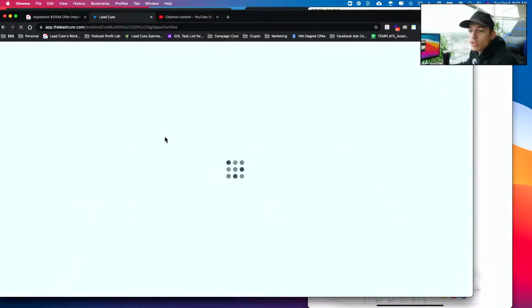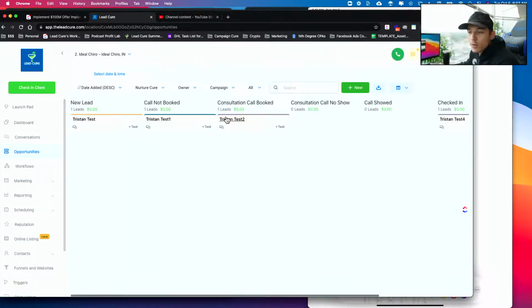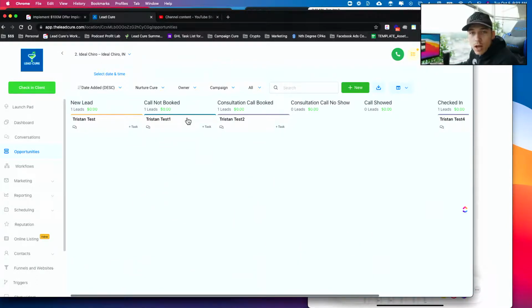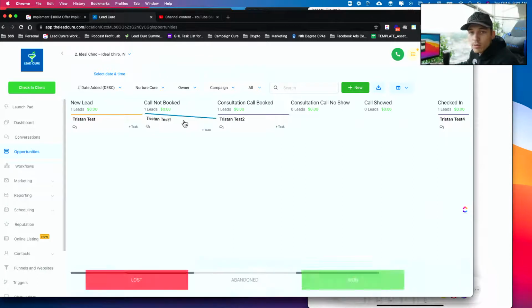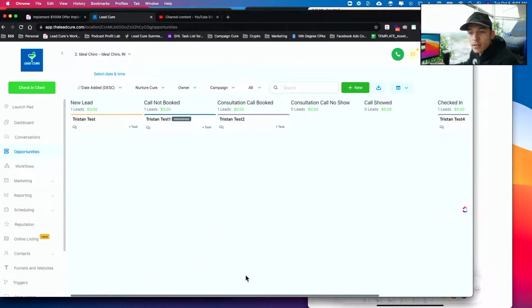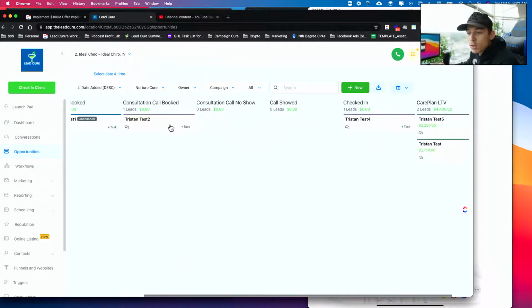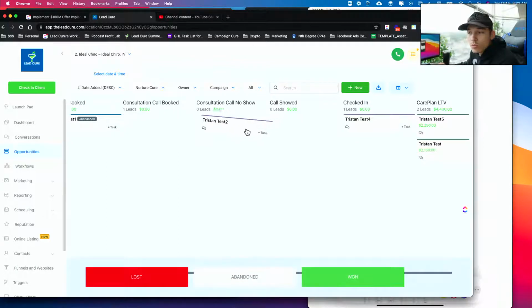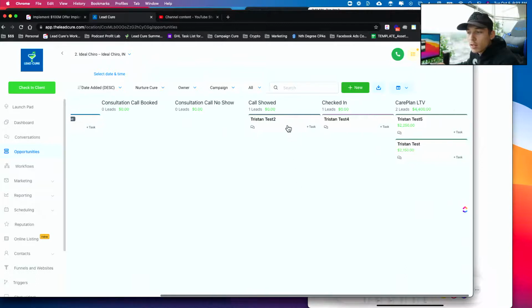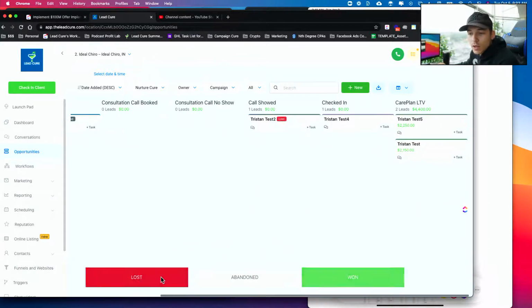But we also have the statuses of open, lost, abandoned, won, right? So if I were to click on another one of these random ones, I have lost, abandoned, won. And so if someone does not book a call within 6 weeks, like their reactivation campaign, they get put into abandoned. Okay, if they booked, but then they continue to no-show, or they showed and they do not become a client, they get put into lost.